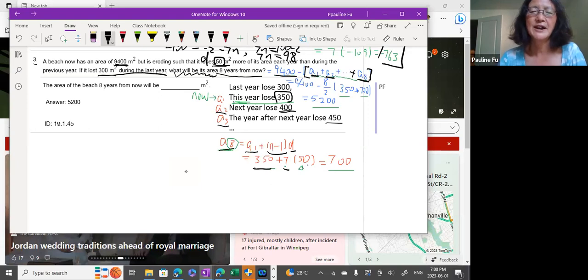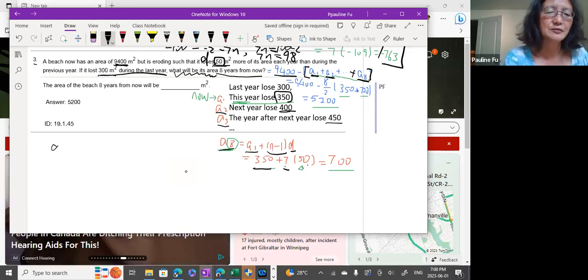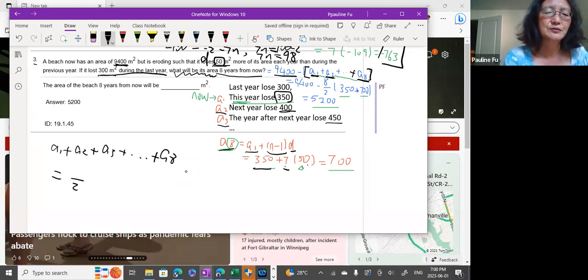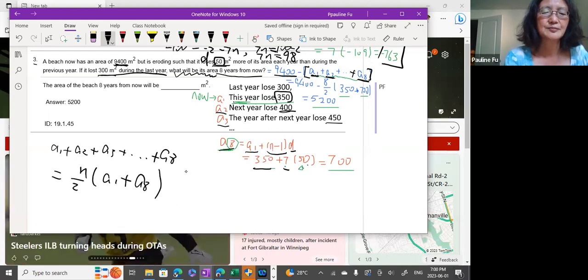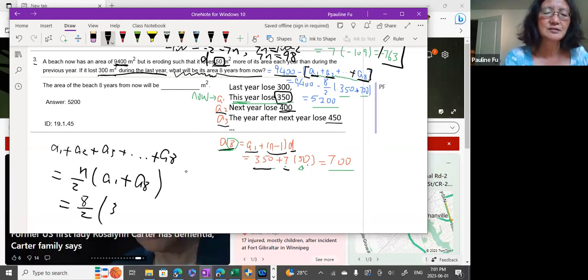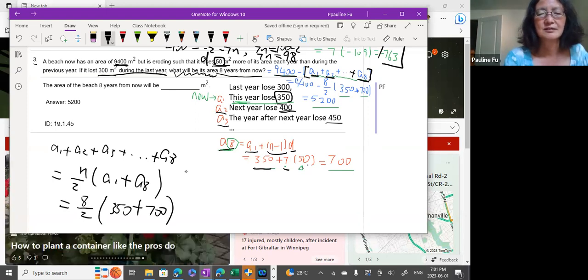Once we know A8, we need to find A1 plus A2 plus A3 until A8. The formula says it is n over 2 times (A1 plus A8). n equals 8, so 8 over 2 times A1, which is 350, plus A8, which is 700.